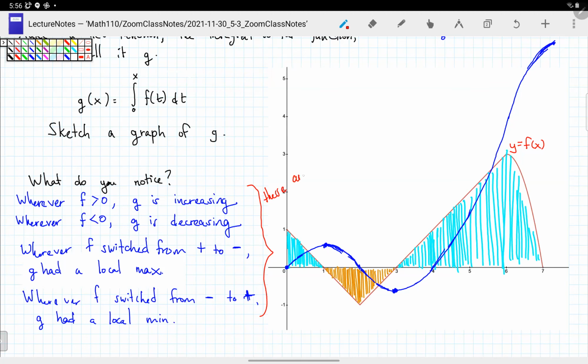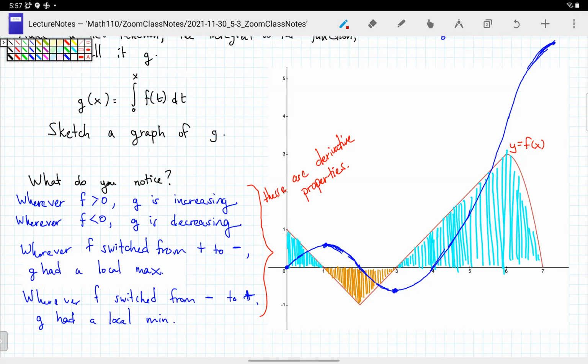These are derivative properties. So this is basically telling us that between f and g, one of those functions is the derivative of, or is related to the derivative of, the other function.